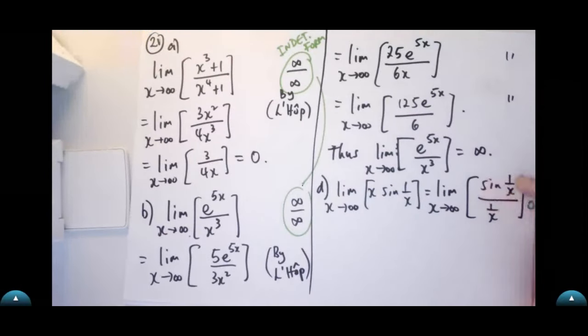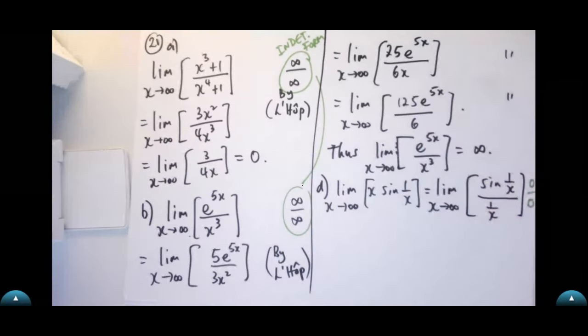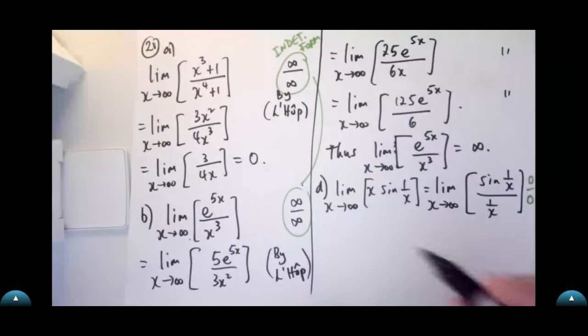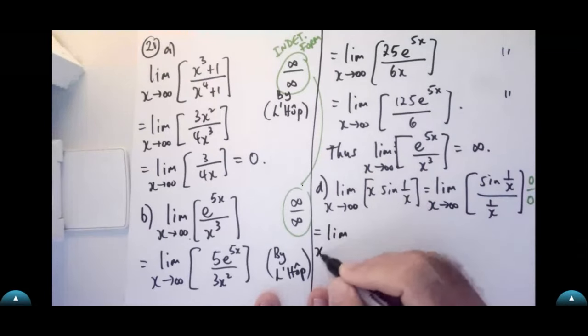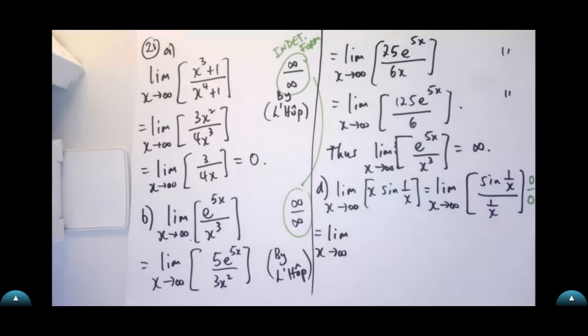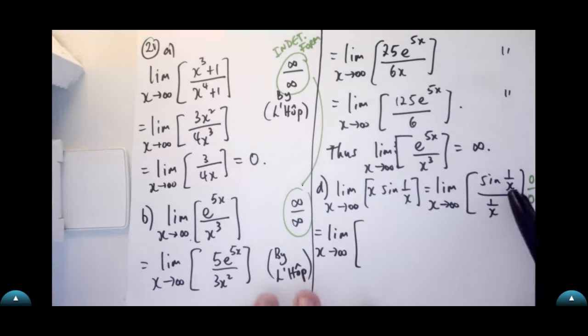Okay, if you think about what happens to this function, well, 1 on x gets small, goes towards 0, and sine of 0 is 0. Okay? And the bottom part's much easier. So let's apply L'Hopital's rule, and we can see what happens here. Now the difficulty is to differentiate the top and the bottom.